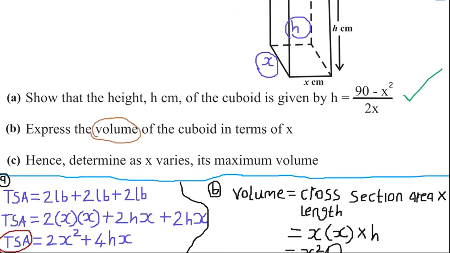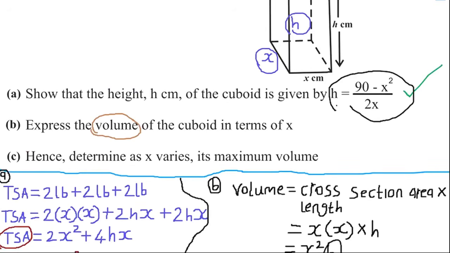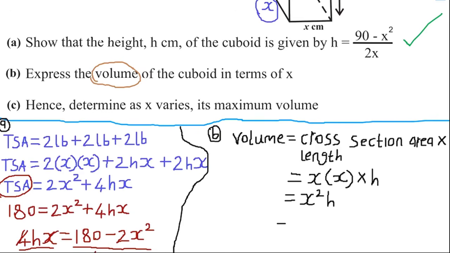Now what you have to keep in mind is that we already have what h equals. The question says express the volume of the cuboid in terms of x, so the volume should have the x variable. It should not have h, because they have specified in terms of x. So where there is h, we replace with 90 minus x squared over 2x.